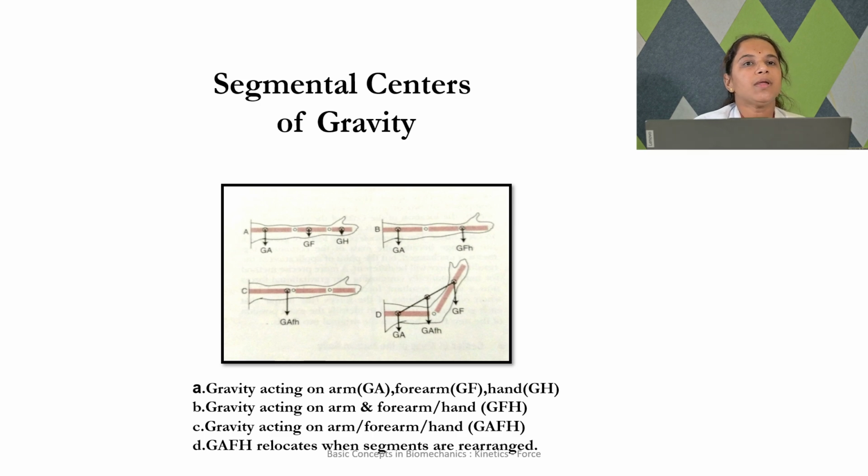In the third, again the forearm and hand segments are combined and the center of gravity lies at the heavier side. And there is a realignment of the segments where the person is doing elbow flexion.